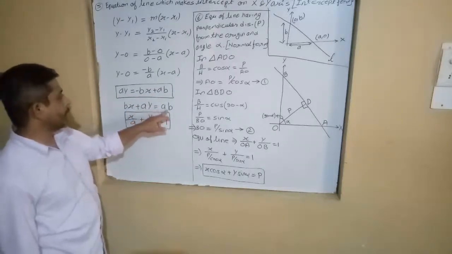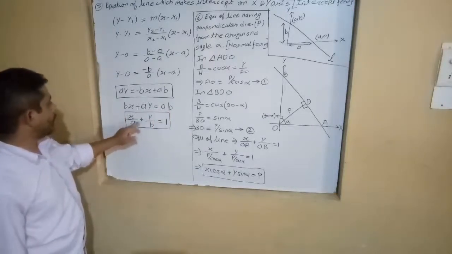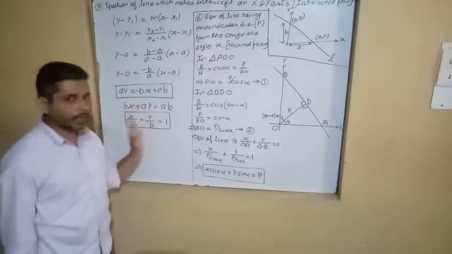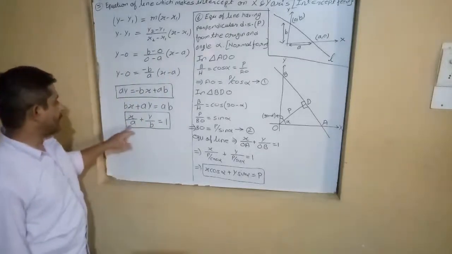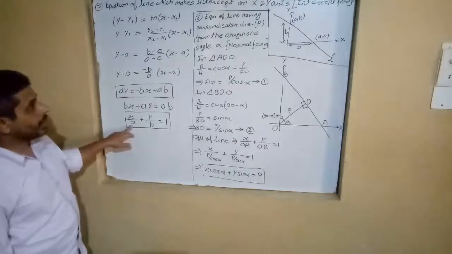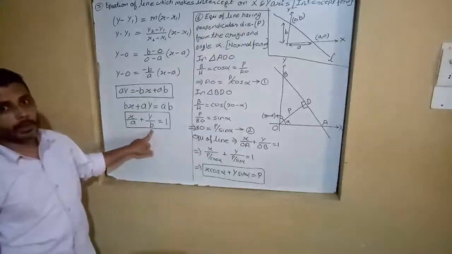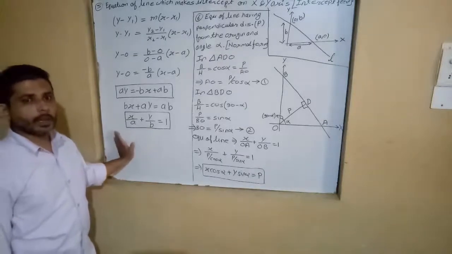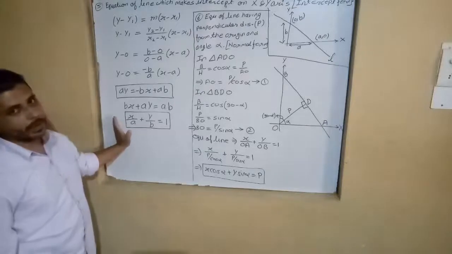When we divide by ab on both sides, it will come x upon a plus y upon b is equal to 1. This is called the intercept form, where a line cuts a intercept on the x-axis and b intercept on the y-axis. So this is another, means fifth, type of equation of a line.